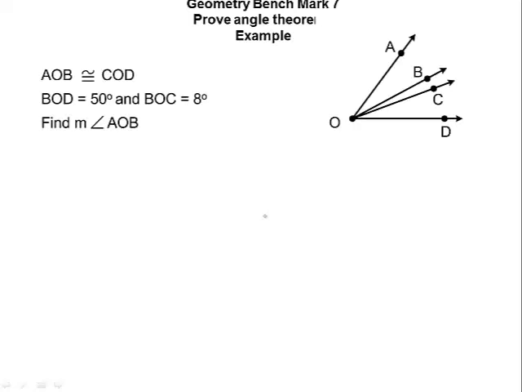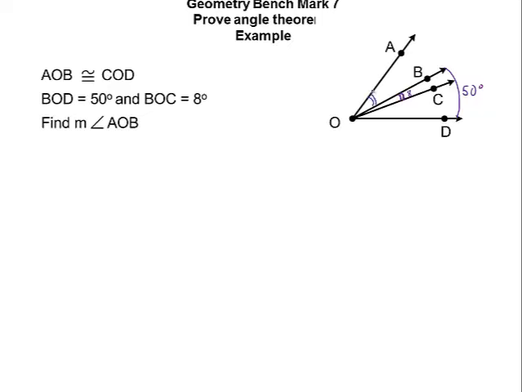So here we have the common angle. Okay, so I have BOD is 50. So BOD is from here to here. That's 50. BOC, that's this little piece in here, is 8. I have that AOB and COD are the same size.